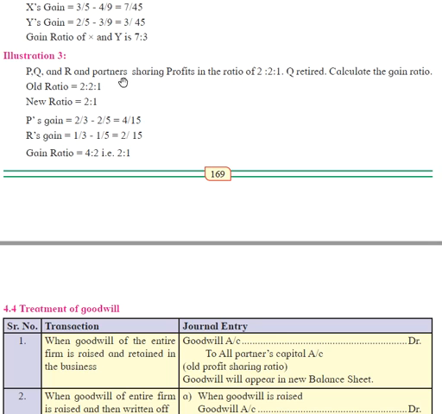That is, 2 by 3 minus 2 by 5 equals 4 by 15. And R's gain is 1 by 3 minus 1 by 5 equals 2 by 15. So the P and R gaining ratio is 4 is to 2, or 2 is to 1.